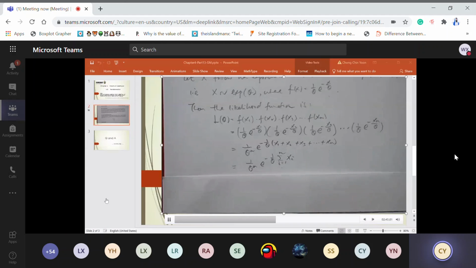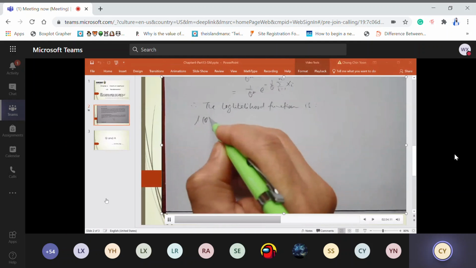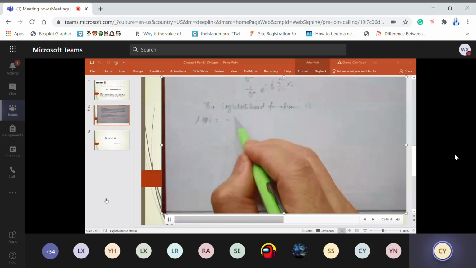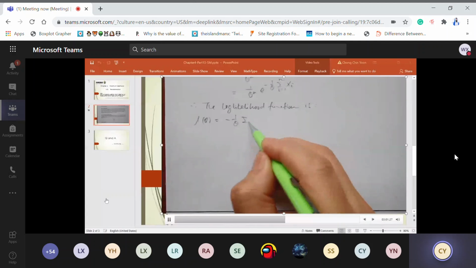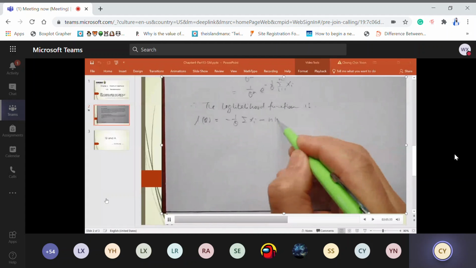Next, we have to find the log likelihood function, that is negative 1 over theta times the summation of xi, minus n log theta.